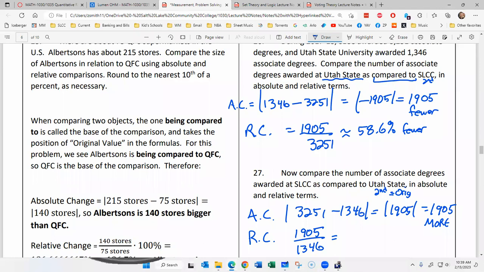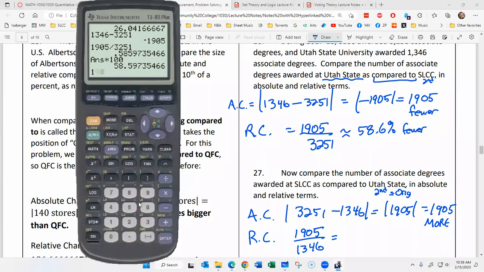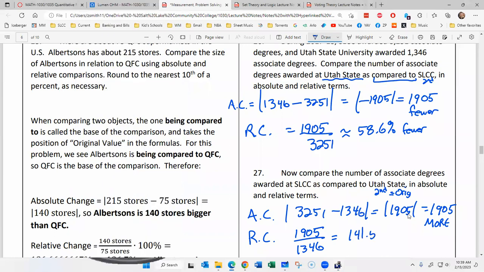And multiply by 100. 141.53. Now we can say SLCC awards 141.53% more associate's degrees than Utah State.